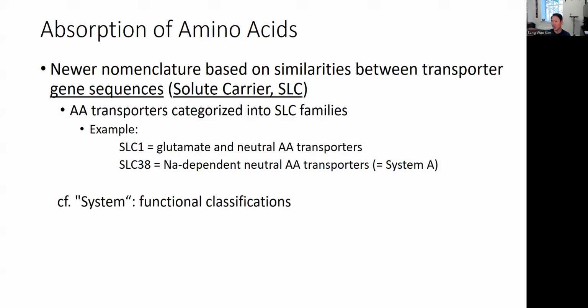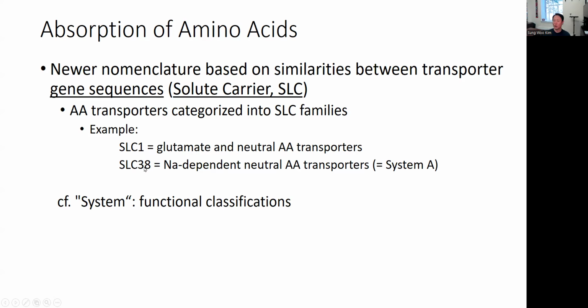So if you see SLC, those are proteins possibly having a function to absorb or transport amino acids. This is a different way of naming the amino acid transporter. As an example, SLC1, protein number 1, is an amino acid transporter especially responsible for glutamate and other neutral amino acids.